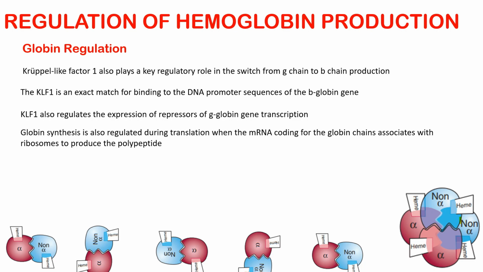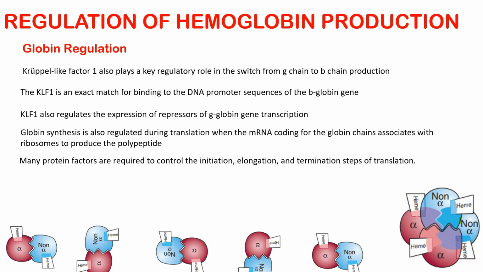Globin synthesis is also regulated during translation, when the mRNA coding for the globin chains associates with ribosomes to produce the polypeptide. Many protein factors are required to control the initiation, elongation, and termination steps of translation.